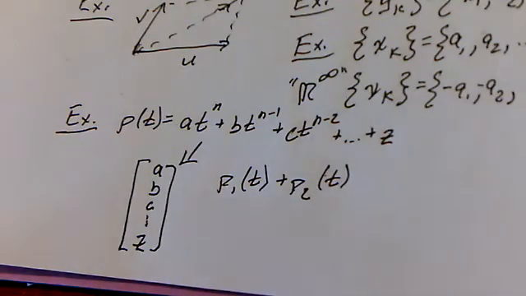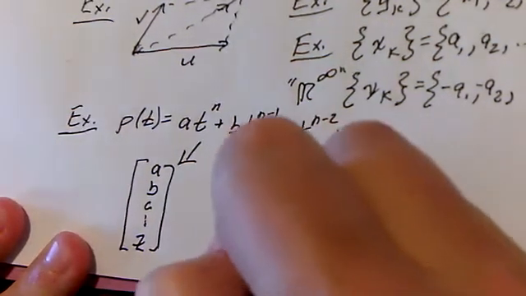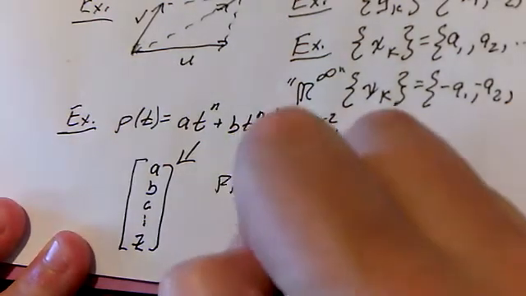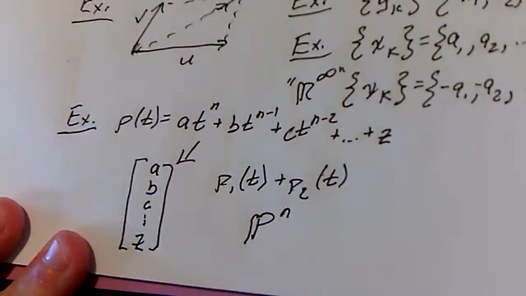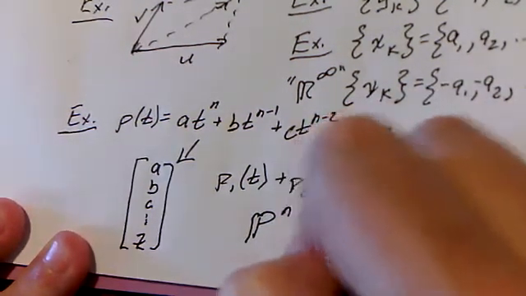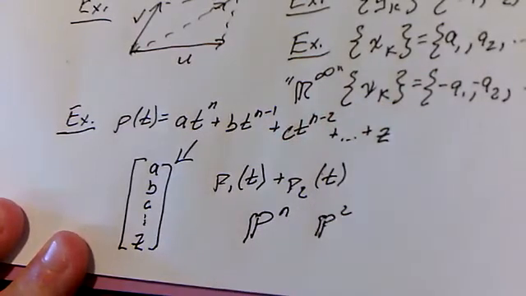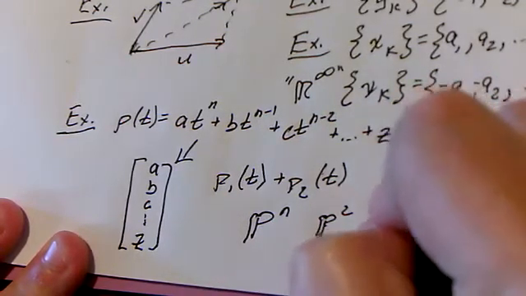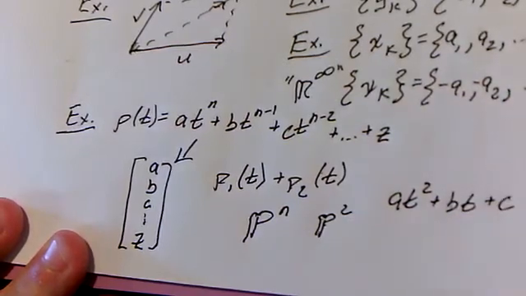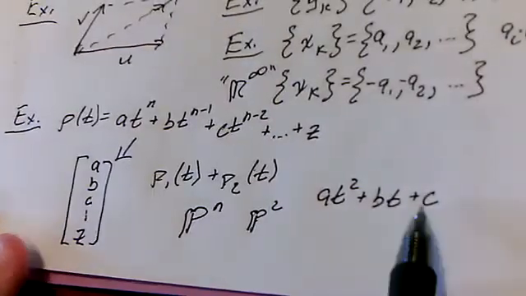Much like we represent reals with R, we use this blackboard bold P, Pn, to represent these polynomials. So if I have P2, the elements of P2 are at squared plus bt plus c. It just stops at squared.